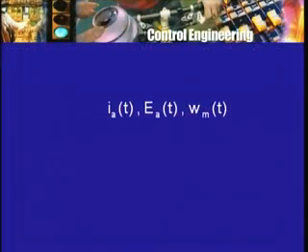So these are the three main variables then: the armature current Ia of t, the applied voltage Ea of t, and the angular speed omega m of t. There are of course other variables. There is the load torque TL, and I should put a t there also, because that can be a culprit.